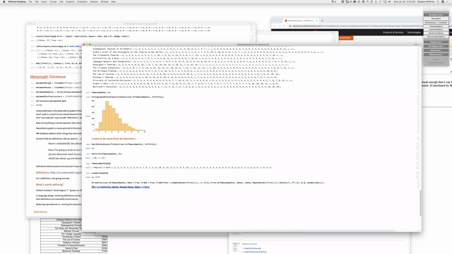Okay, then this wants to say color function arrow this.